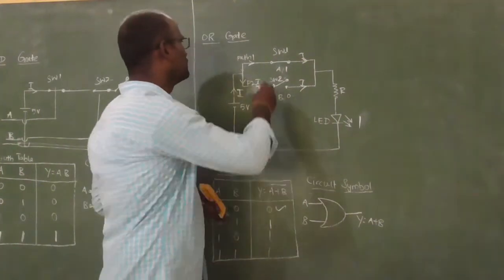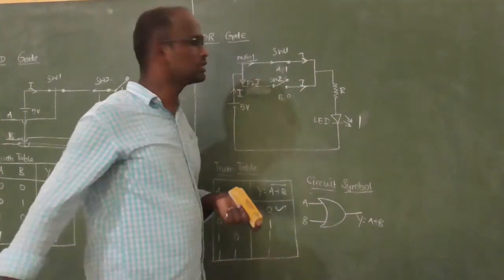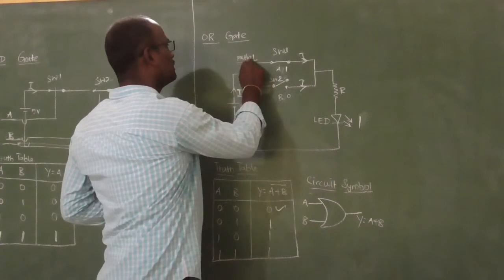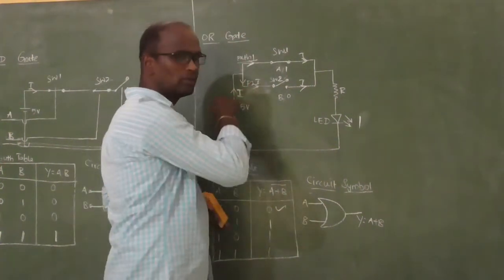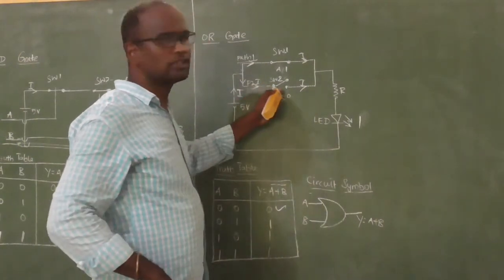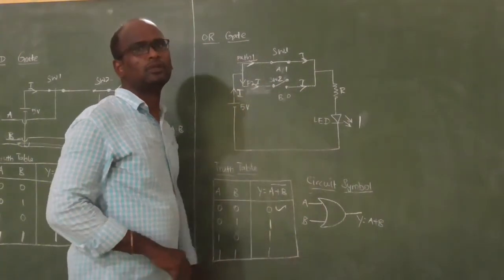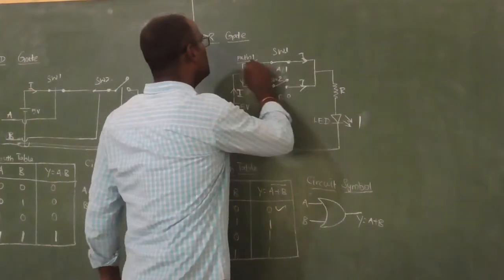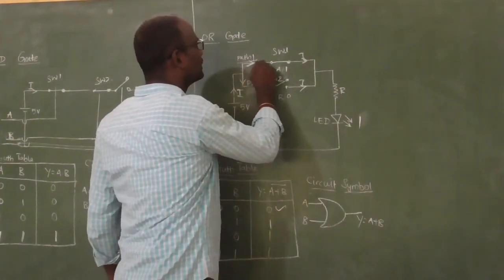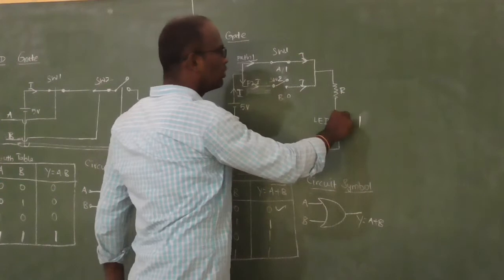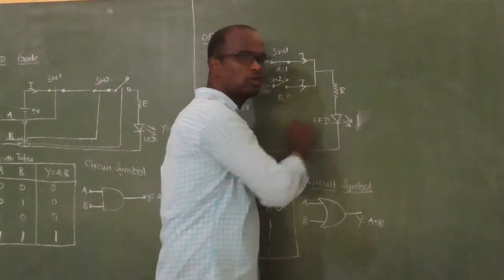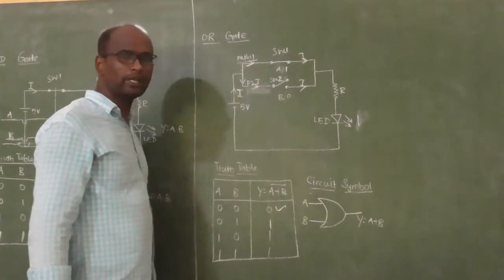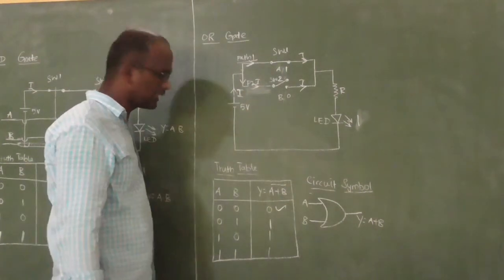So since path 1 is in closed condition, the current flows through path 1, and the main current does not flow through path 2 because switch 2 is in open condition. Understand? So through path 1, the current will reach the output and glow the LED. So therefore, the output is 1. Output will become 1. Understand?